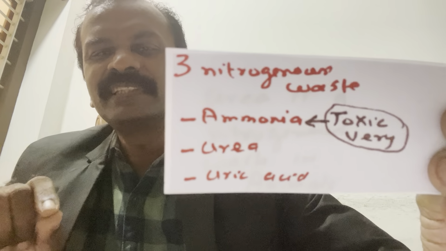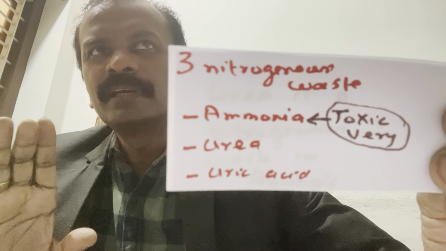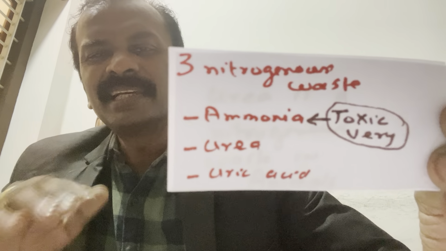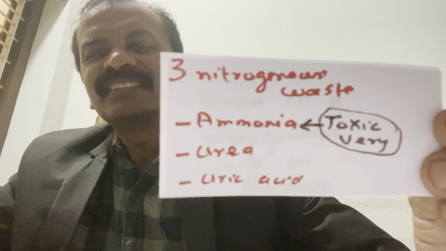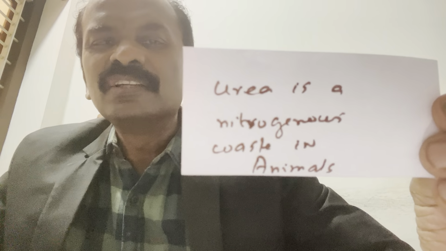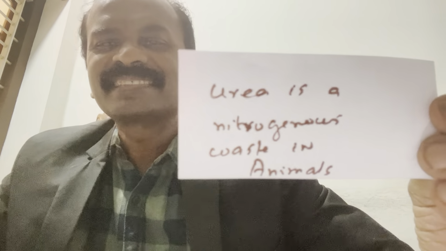3 nitrogenous wastes in animals: ammonia, urea, uric acid. Most toxic is ammonia, least toxic is uric acid. See, now you answer this question: urea is a nitrogenous waste in animals is a true statement.